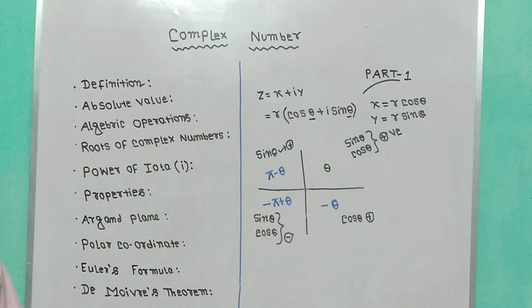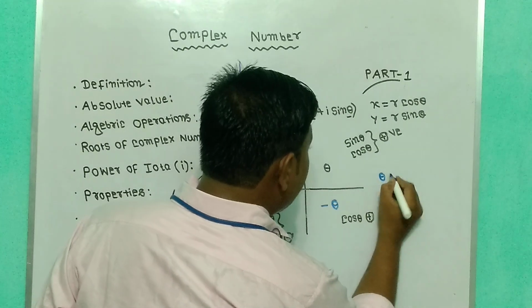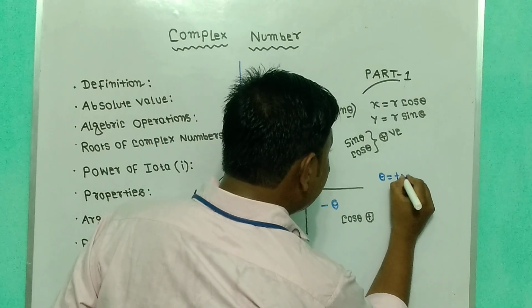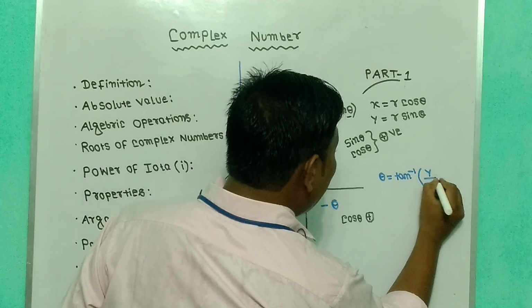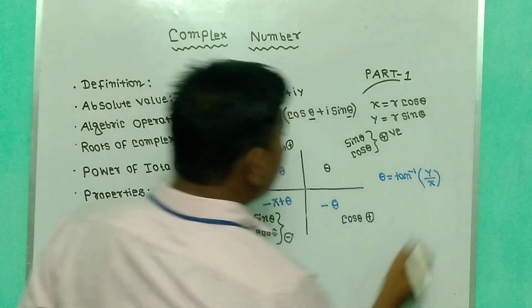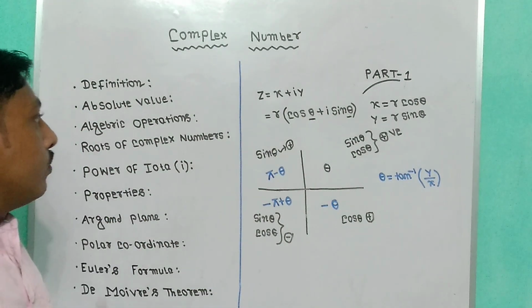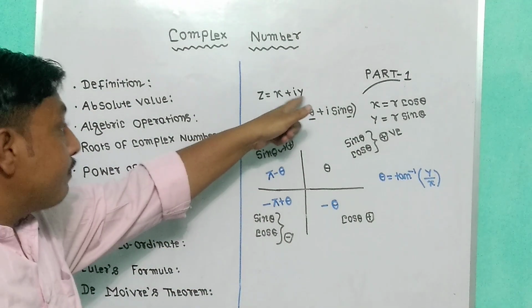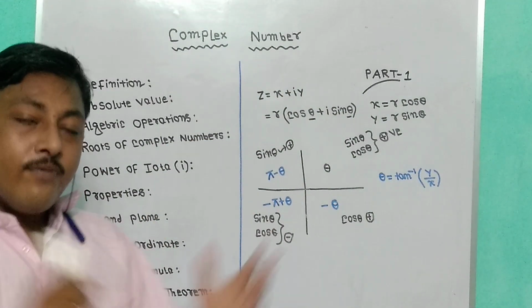But suppose it is in the Cartesian plane, that means we have to write theta equals tan inverse y by x. How can we solve? At first we have to see about the x plus iy, that means whether x and y both are positive or not.